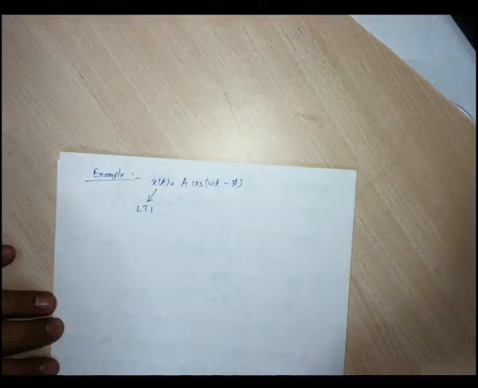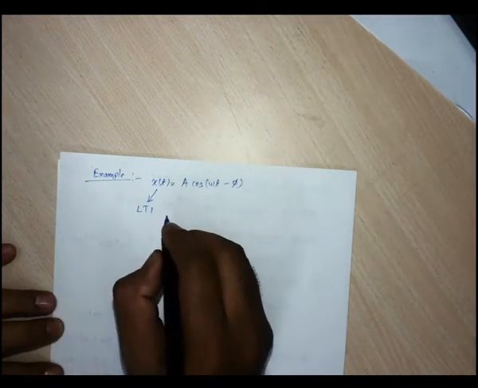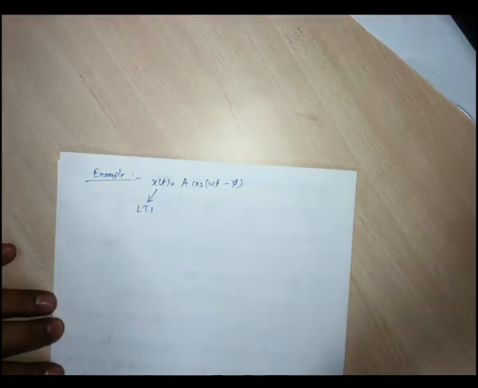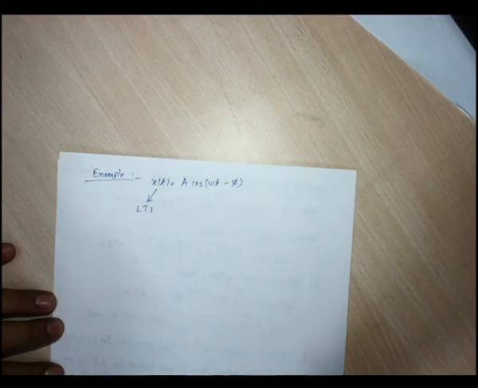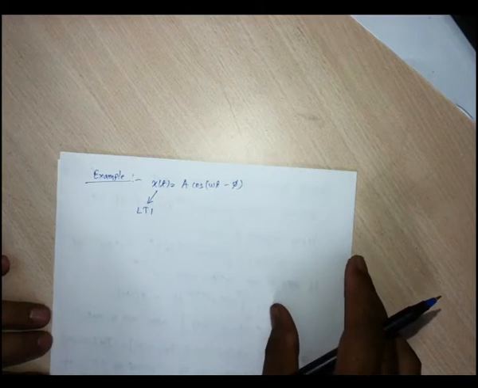If we know the complex conjugate symmetry property of the Fourier transform of this x(t), then when it is given to an LTI system, the output produced is a consequence of this simple characterization.